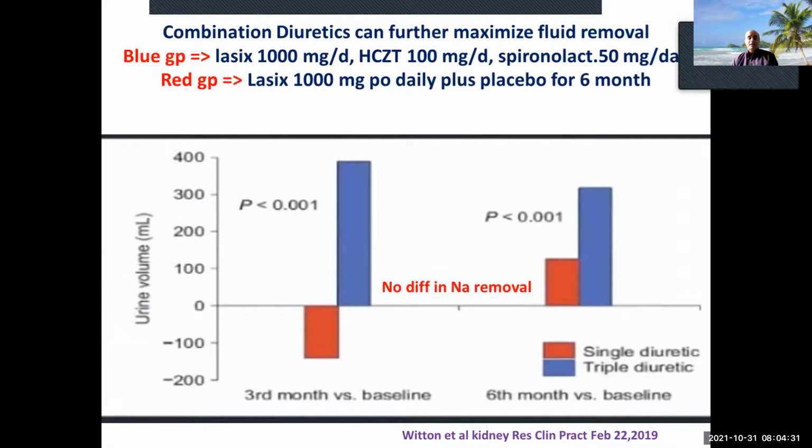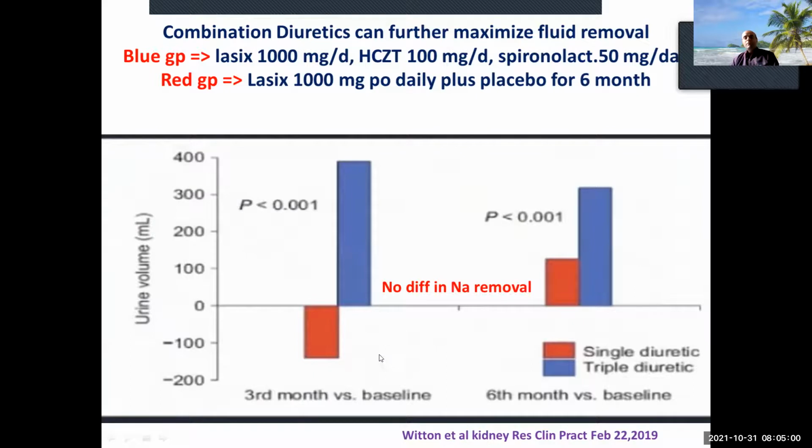And here, regarding diuretic use and residual renal function, we have two groups of patients. The red group used only Lasix, and the blue one used Lasix, hydrochlorothiazide and spironolactone. The difference was only in water removal, not sodium removal.